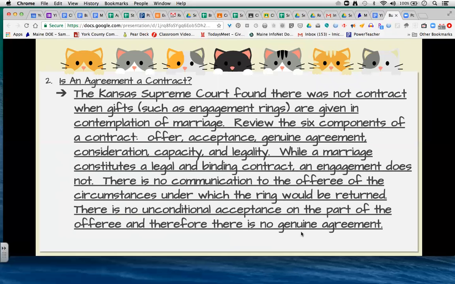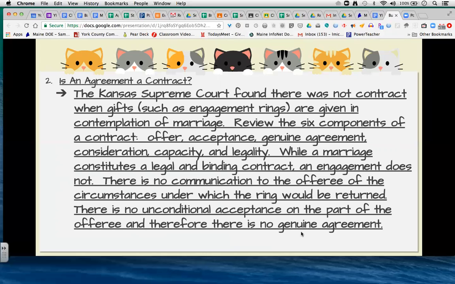Answer. The Kansas Supreme Court found that there was no contract when gifts such as engagement rings are given in contemplation of marriage. You should review the 6 components of a contract, which are offer, acceptance, genuine agreement, consideration, capacity, and legality.